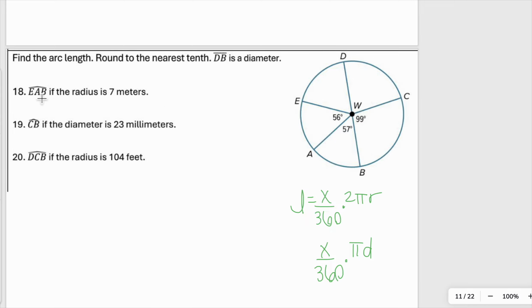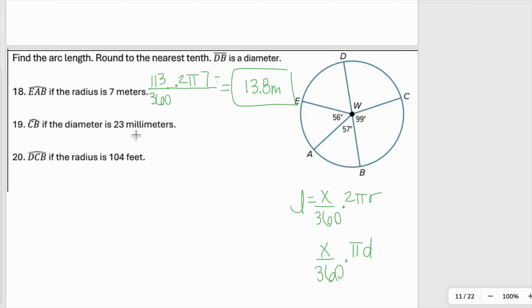So for number 18, EAB, if the radius is 7, I'm just going to add 56 and 57 together. I get 113 out of 360. And then since I'm using radius, I'm just going to go 2 times pi times 7. So I'm going to multiply everything on top first, divide it all by 360. I'm going to get about 13.8 meters.